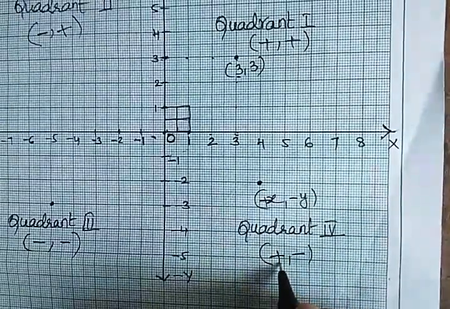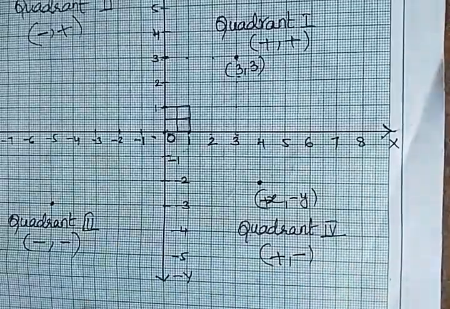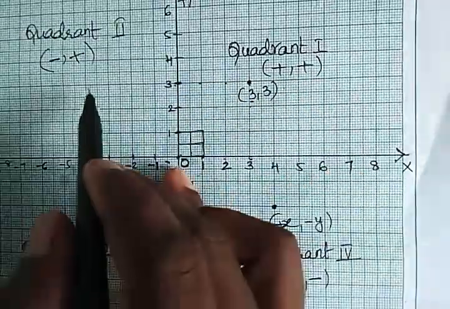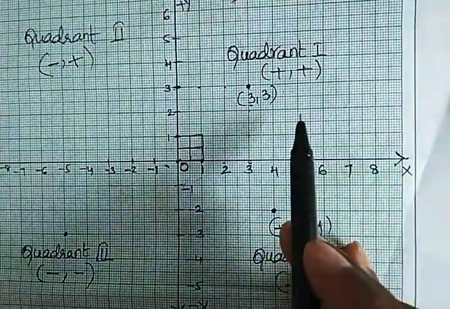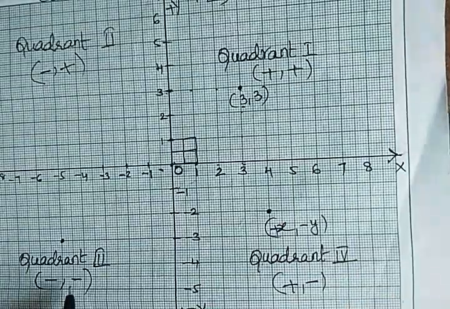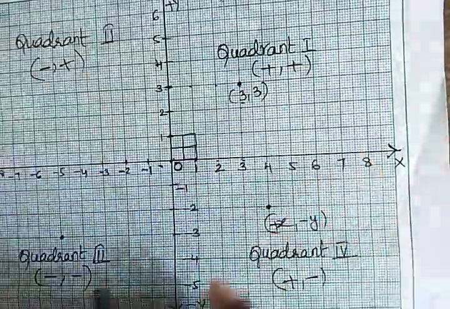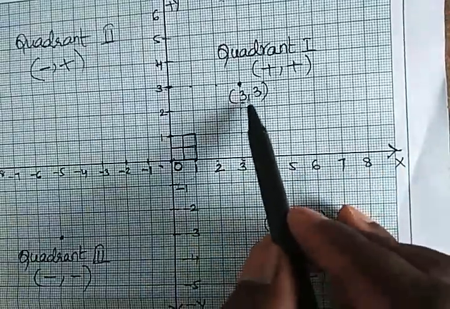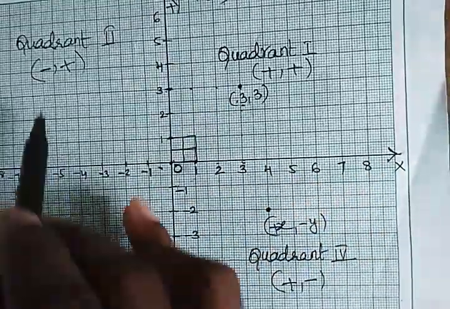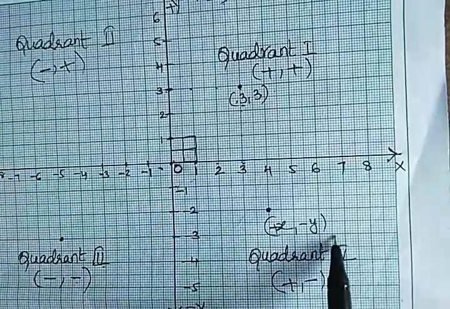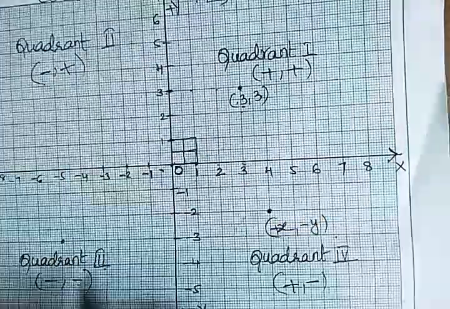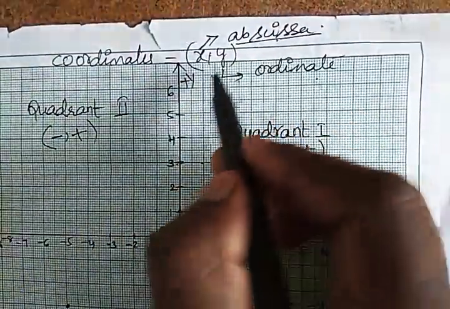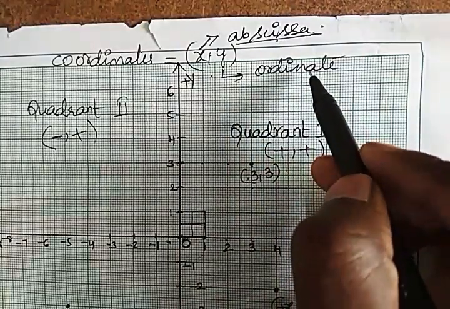The first value indicates the x value, the second value indicates the y value. So this is how we have divided the plane space into 4 quadrants. Quadrant 1 has both positive and quadrant 3 has both negative, vertically opposite. In these two directions you have both positive, both negative. In the others, one negative, one positive, opposite. The x value is called abscissa and the y value is called ordinate.